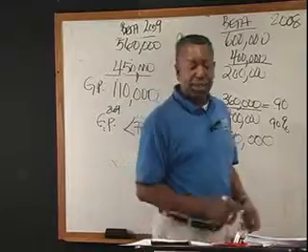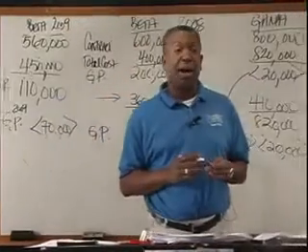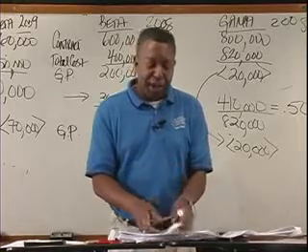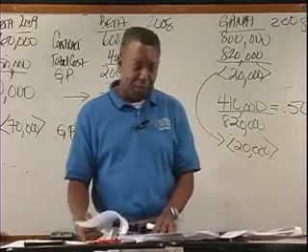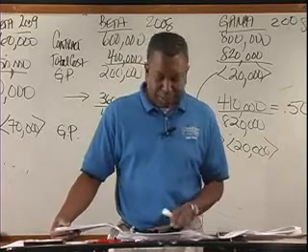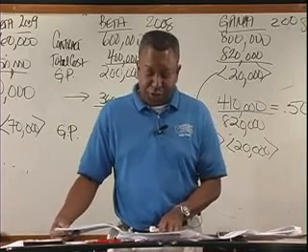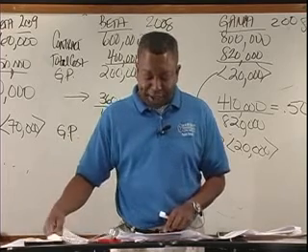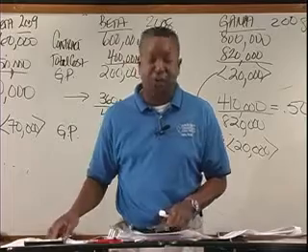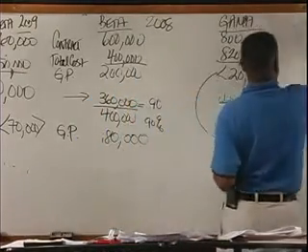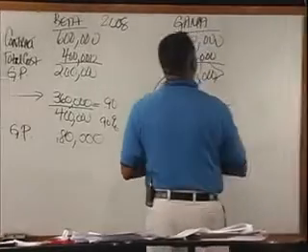Now, let me go on to Gamma Corporation. Now, here's the issue with Gamma Corporation. If you flip back to the problem, it says change orders during 2009 added $40,000 to the original contract price. So here's Gamma Corporation in 2009.